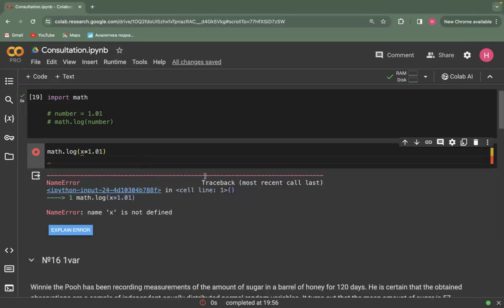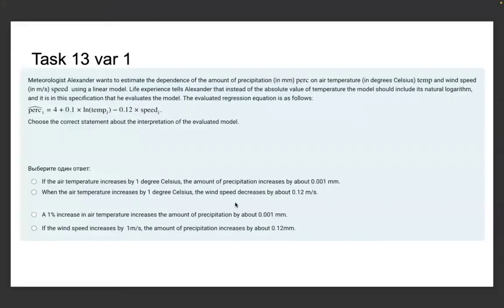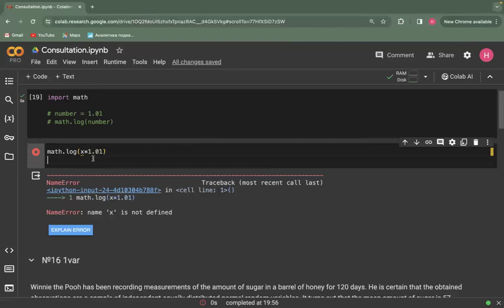So this expression moves to x multiplied by 1.01, and using properties of logarithm, we can do just this.